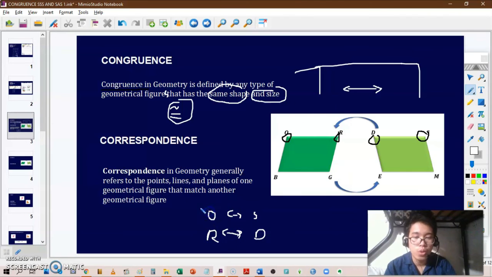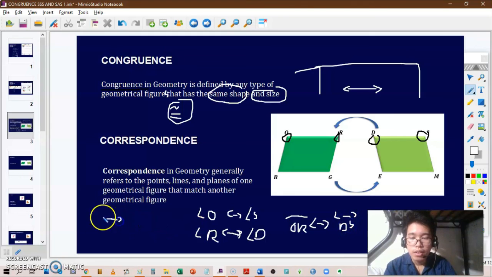We can also say the same for angles: angle O corresponds to angle S, and angle R corresponds to angle D. And we can also do it for segments. We can say that side OR corresponds to side DS, and side BG corresponds to side EM.